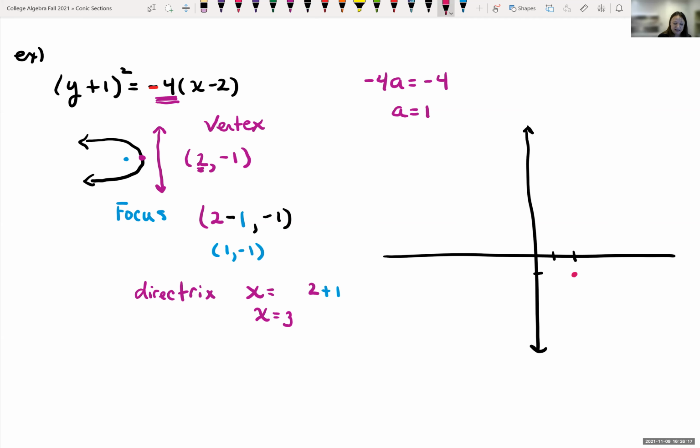Knowing that it's going to the left, I can tell that it's going to cross the y-axis twice. I also can tell that it's going to cross my x-axis once. And so I'm going to have an x-intercept and I'm going to have a y-intercept. So let's find out what those are.